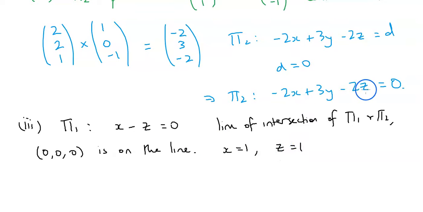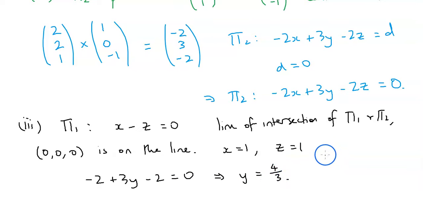And if x equals 1 and z equals 1, then we have minus 2 plus 3y minus 2 is equal to 0. That will mean that y is equal to 4 over 3. So another point is 1, 4 over 3, 1. This is also on the line.